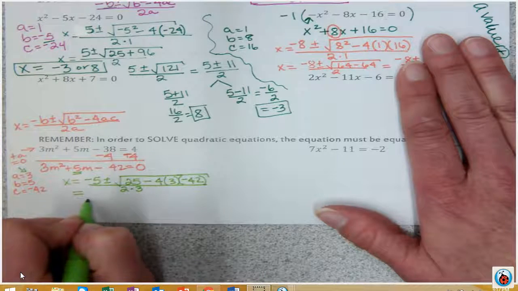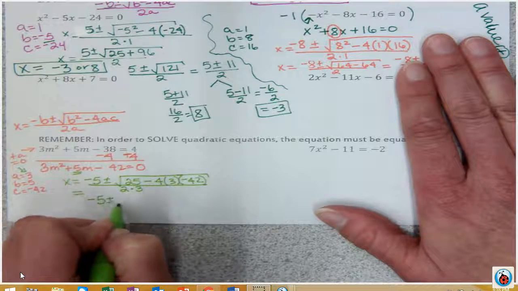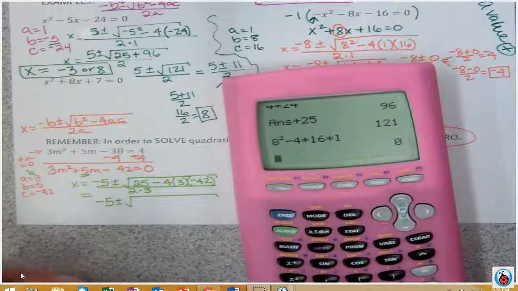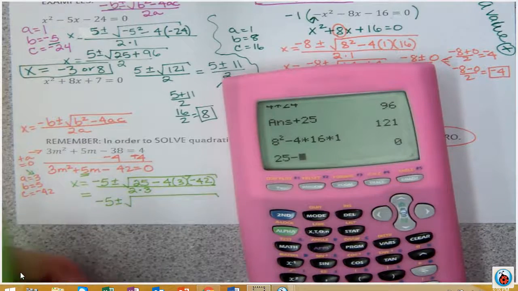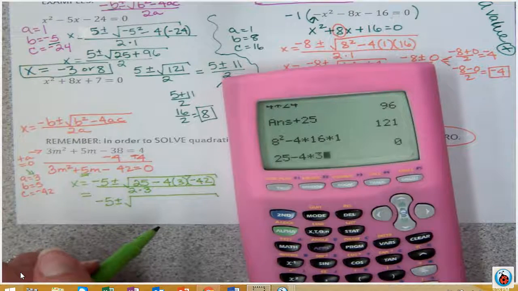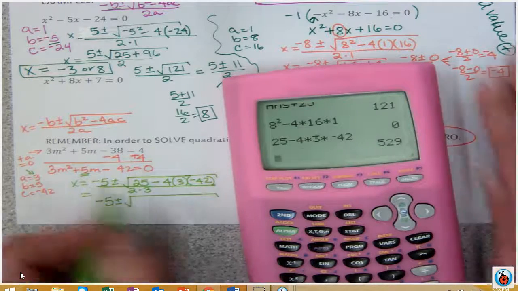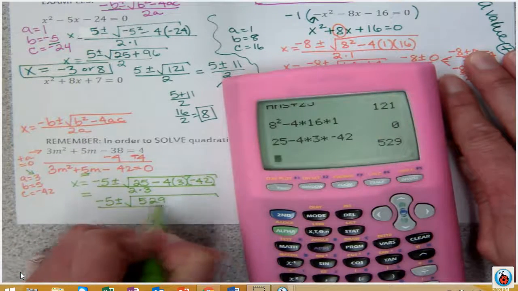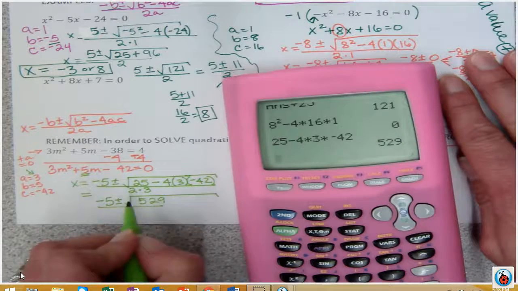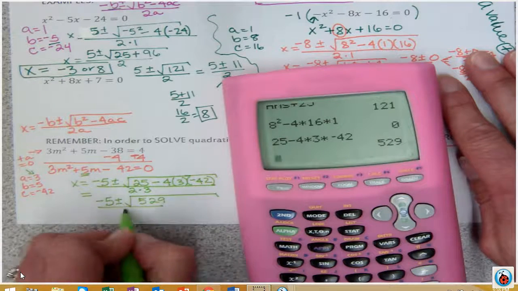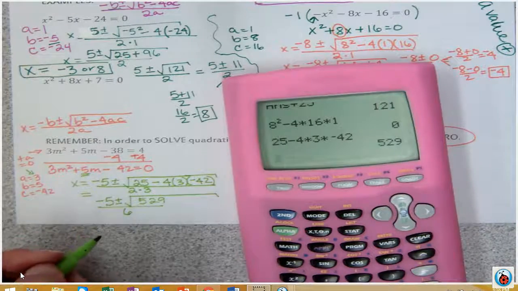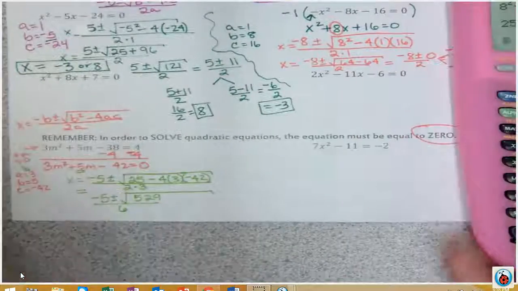Alright, so I'm going to have negative 5 plus or minus the square root of, and if I plug in my calculator, 25 minus 4 times 3 times negative 42, I'm going to get positive 529 divided by 2 times 3 is 6.